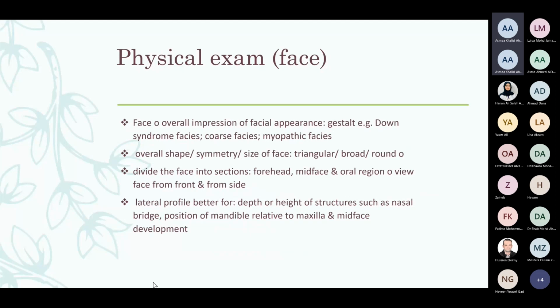If it's triangular, if it's broad, if it's round. Mainly you have to divide it into 3 sections: forehead, mid face, and oral region, and you have to view from front and side. Because mid-face hypoplasia is better looked at on the side, the lateral profile mainly.